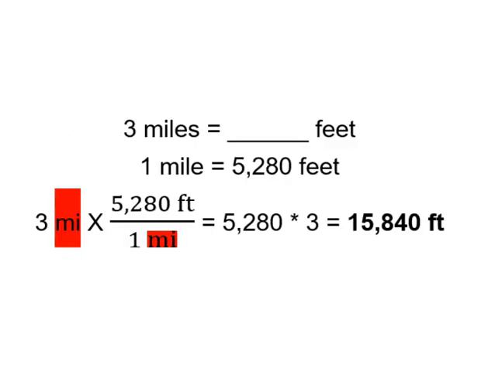In order to convert to feet, we are going to multiply 3 miles times 5,280 feet over 1 mile, again eliminating the unit we're converting from, which is our miles, and we are left with 3 times 5,280 feet. That is equal to 15,840 feet. That is a lot of feet. Moving on to our next problem.